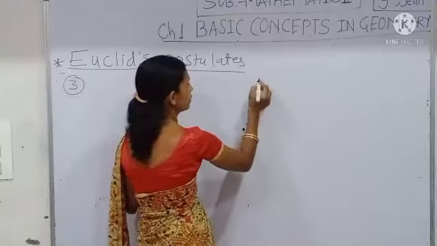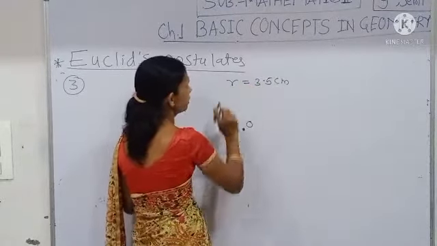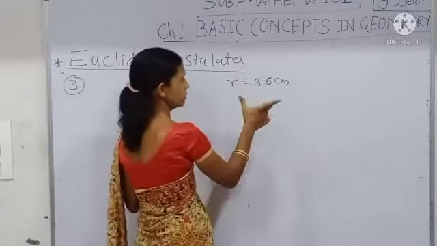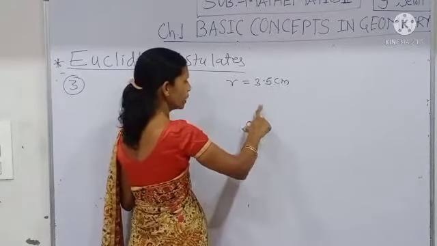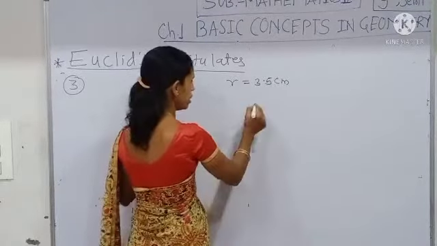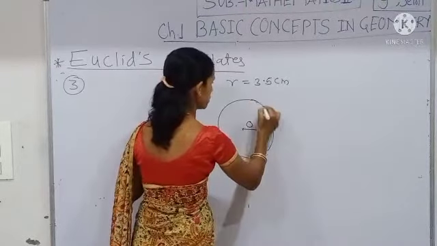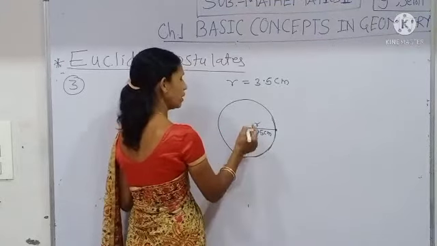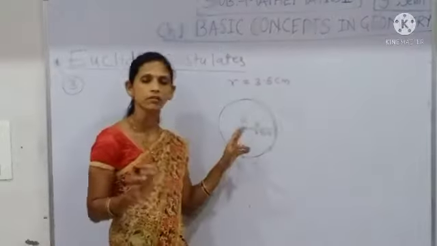If a radius of 3.5 centimeter is given, then taking the distance of 3.5 centimeter in a compass, we can draw a circle of radius 3.5 centimeter with any point taken as a center.